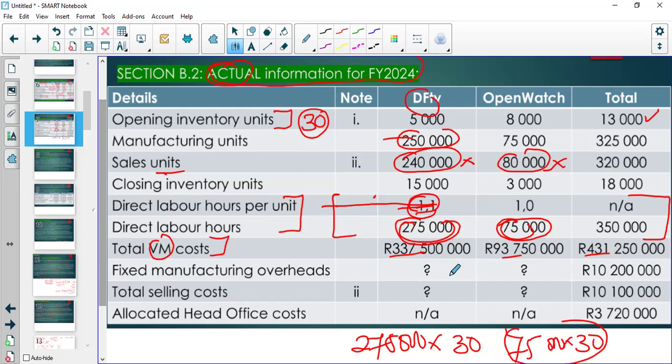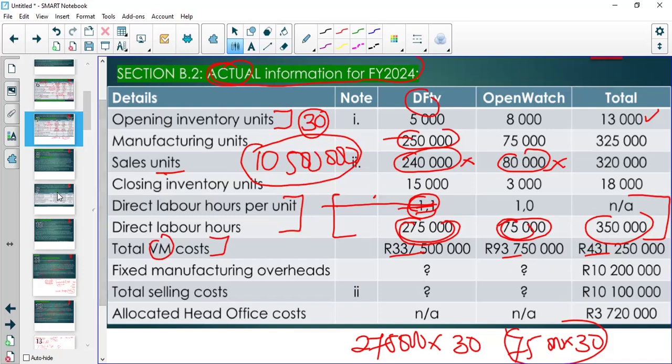I have 275,000 plus 75,000, so that's 350,000, multiplied by 30. So I applied 10,500,000. This is what is included in the cost of production.